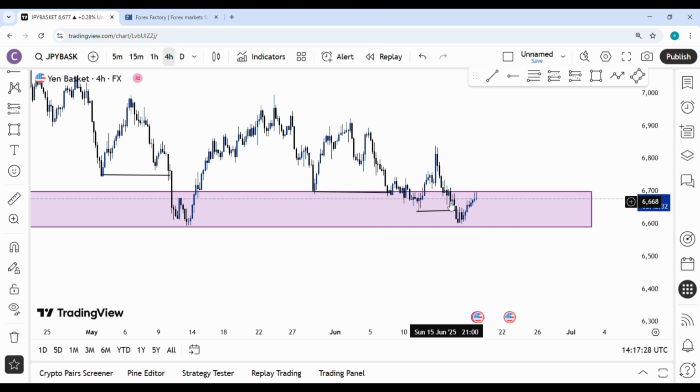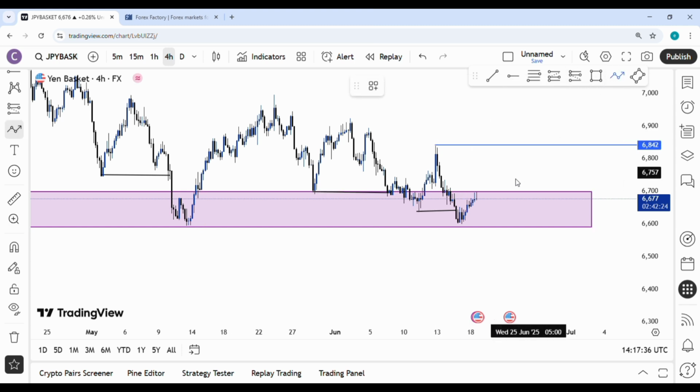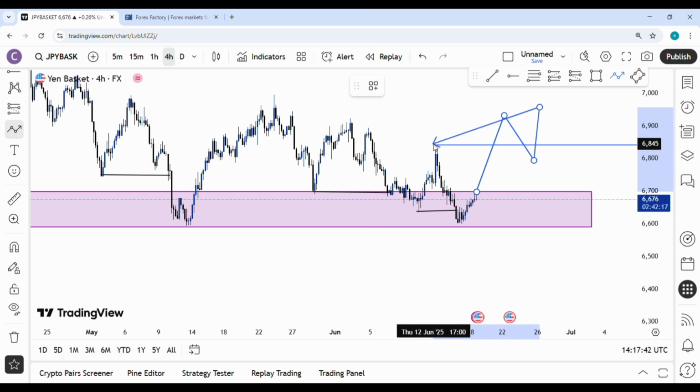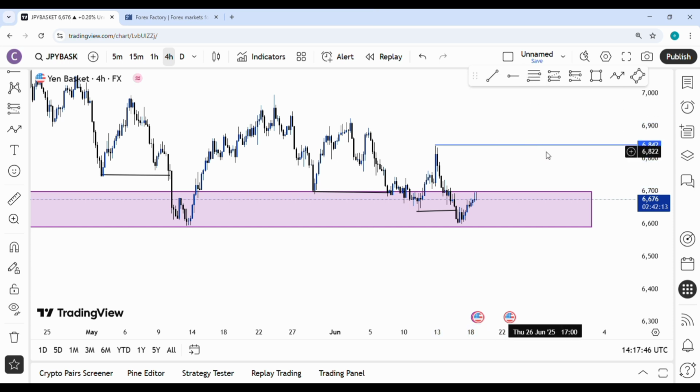So we need our 4-hour market structure shift. So price needs to shift from this particular place, something like this. We need something like this for price to break out of this particular area and give us a break of structure to the upside before we consider our 4-hour time frame bullish.